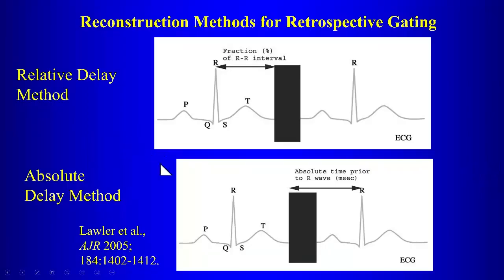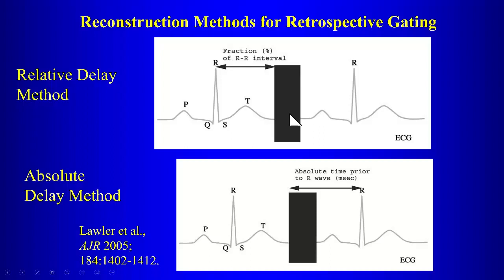Now, as far as the reconstructive method, usually what we do is we break up the RR intervals into percentages, right? So there's 0, 10, 20, 30, 40, all the way to 100, which is your next R wave. And so usually if you're reconstructing your images for coronary CT, around 70 to 75% of the RR interval is usually where we reconstruct our images.